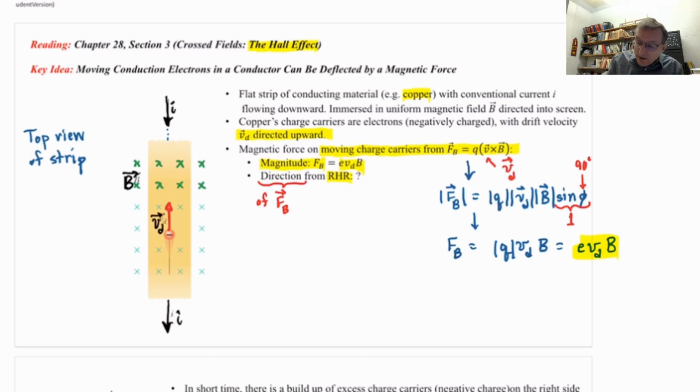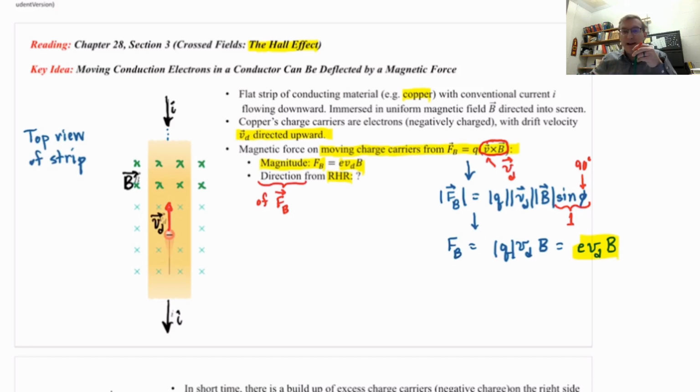Well, we do it in 2 steps. First, we'll get the direction of this cross product or vector product, V cross B. That's straight from the right-hand rule. I like the 2-pen approach. I'll use the red pen for V and the green pen for B. And as I look down from above, the V is going upward in the plane of the screen, and the B is going into the screen.